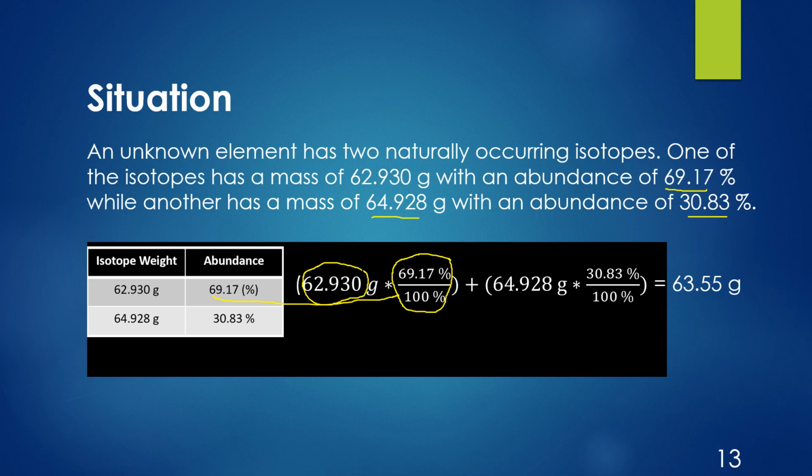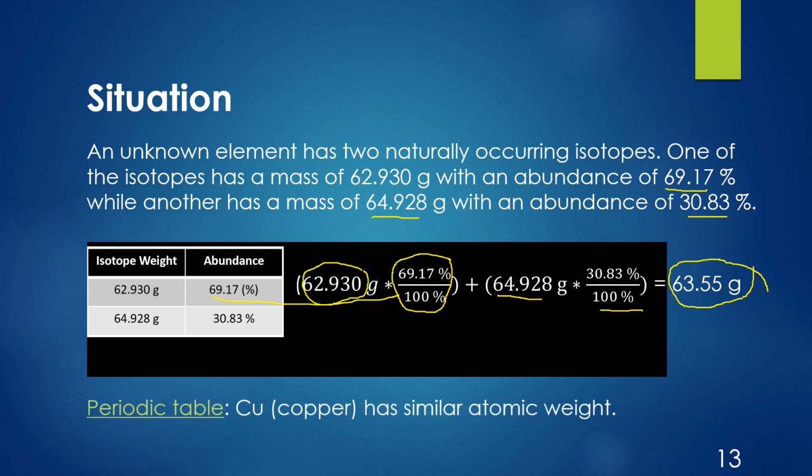Then they add that to the second isotope mass multiplied by its abundance to get an overall mass of 63.55 grams. You then look at the periodic table, at the masses on the periodic table, and find the element that is closest to 63.55. And when I'm looking here, I see that copper is the closest to that. So copper has a similar atomic weight, and its symbol is Cu.